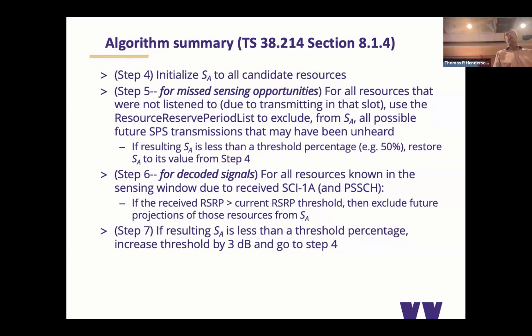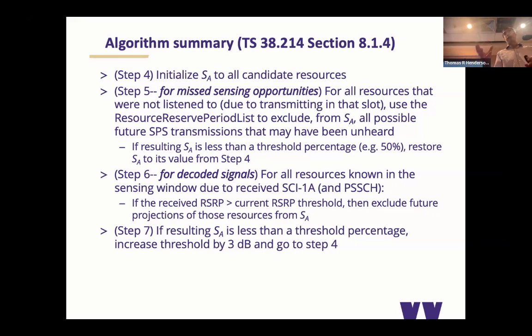Maybe this is a semi-persistent scheduling resource that's going to repeat multiple times in the future. So let's say that it's possible that it repeats every 100 milliseconds. The sensing algorithm is going to make a conservative assumption that somebody out there may have been using that slot and may have sent data that's going to recur every RRI interval, in this example 100 milliseconds.